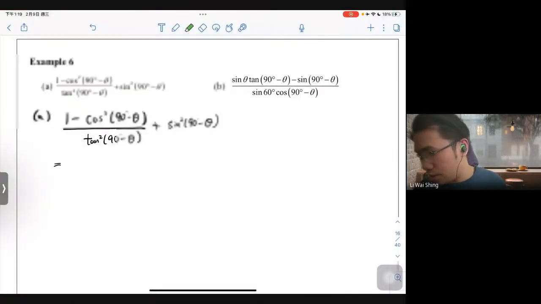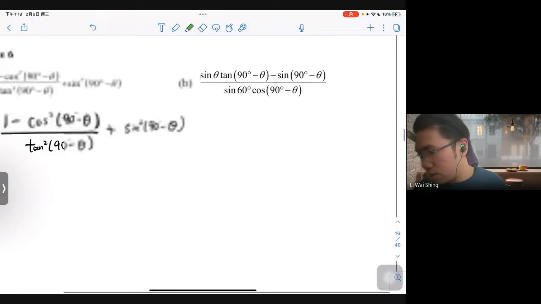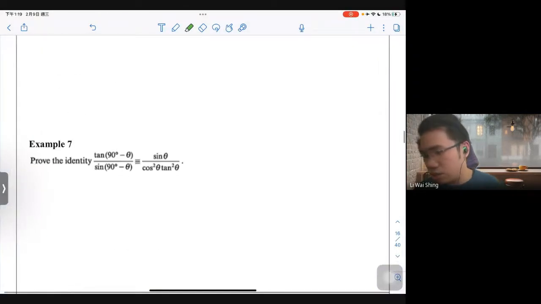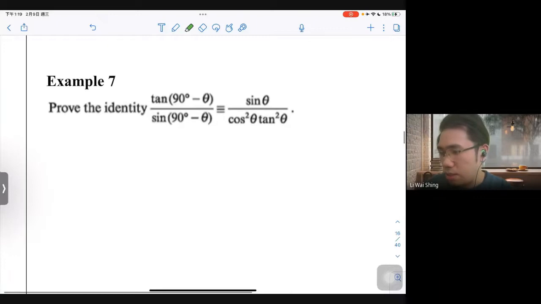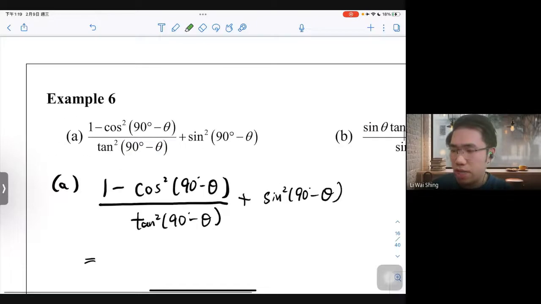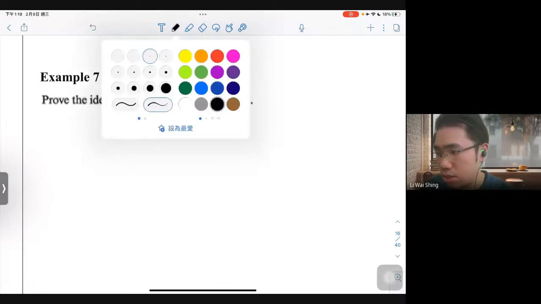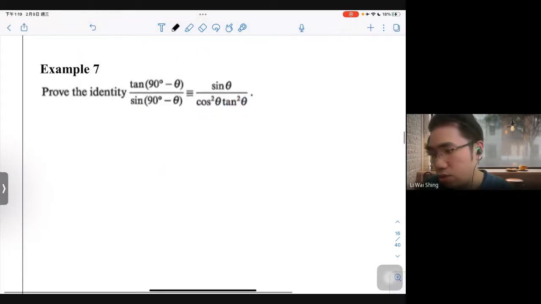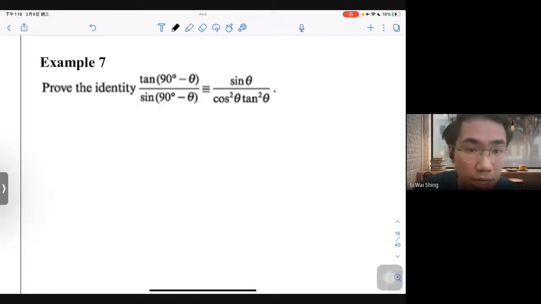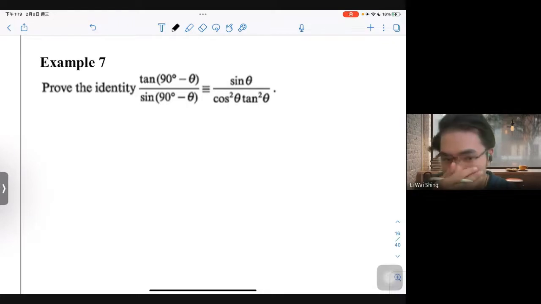So let's go back. Maybe I just skip a little bit. So example 7: when you know how to do example 6, I guarantee you know how to do example 7. I'm quite sure you can do example 7, I just want to ask about the format of an identity. Do you remember the format when proving an identity? There is a format.